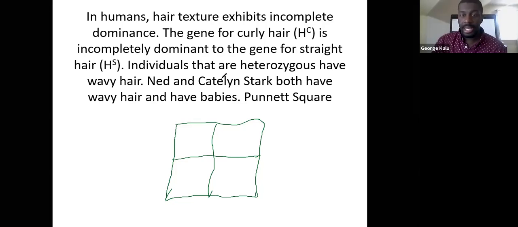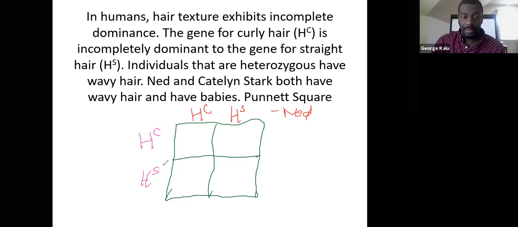HCHS, right. So Ned would be HC, HS. I'll just put Ned over here. And then Catelyn Stark, I'll do that in a different color. She would also have wavy hair, so she'd be HC over here, and then HS over here.